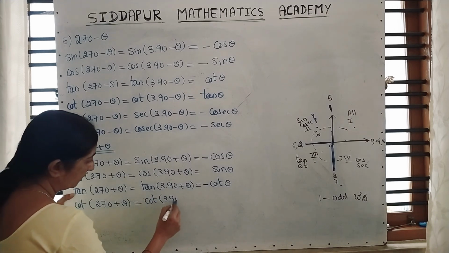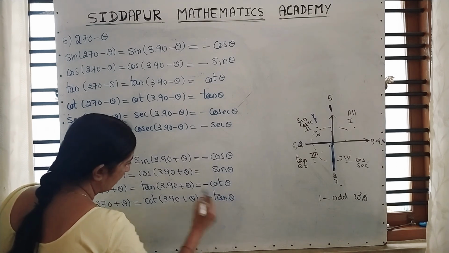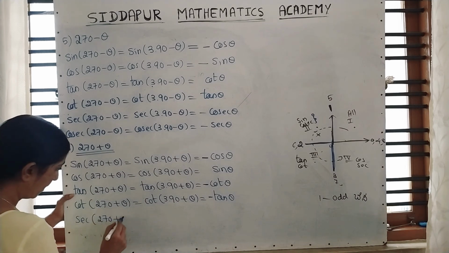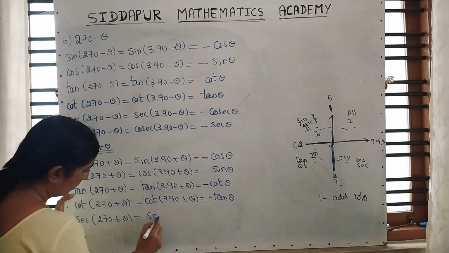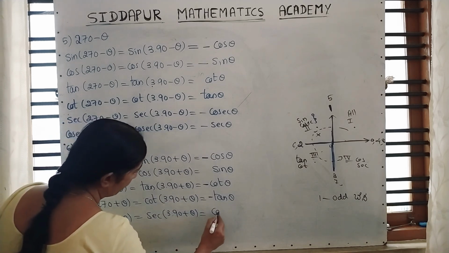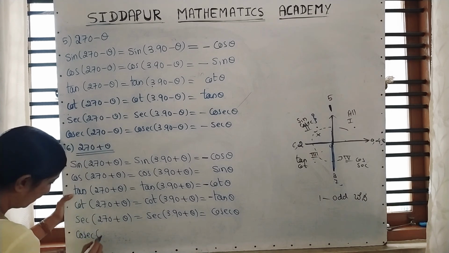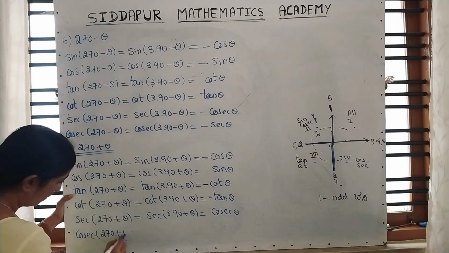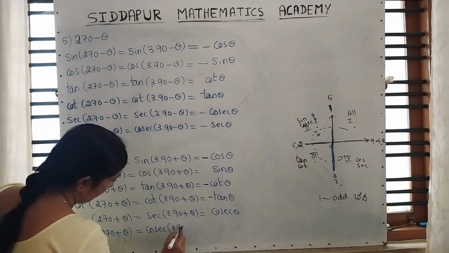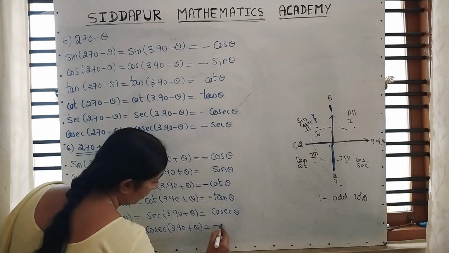Cot changes to tan, that is negative. What about sec? See the table, sec is positive. But because the coefficient is odd, sec changes to cosec. Cosec changes to sec, and in the fourth quadrant cosec is negative.